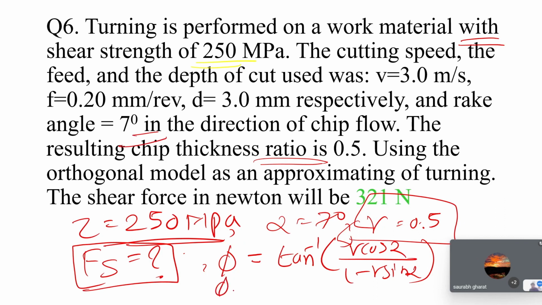So phi will be equal to tan inverse of 0.5285. This phi will be equal to 27.9 degree. Okay, just take the tan inverse. What your main objective is, is to find Fs.